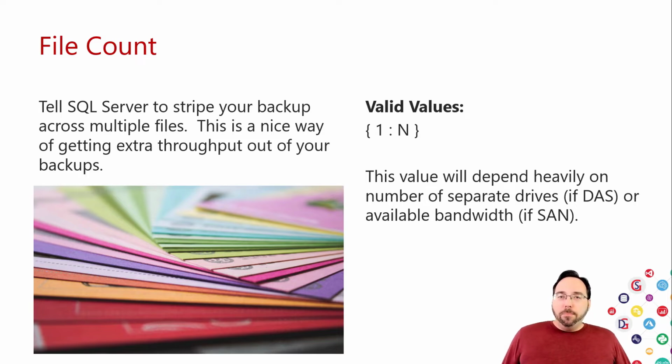That number may be about 12. 12 is a first order estimation. So if you have one drive that you're writing to, you can usually get better performance by writing multiple files up to maybe 12. But again, it's going to depend a lot on the type of drive. It's going to depend on how heavily it's utilized. It's going to depend on several other factors.